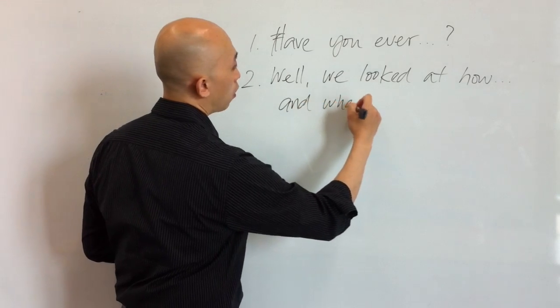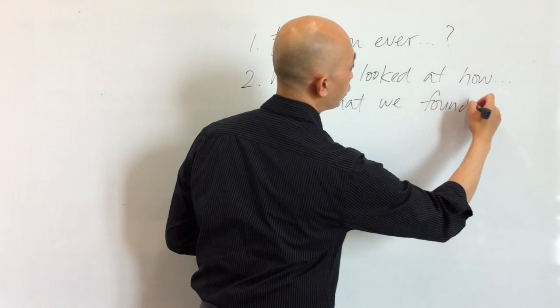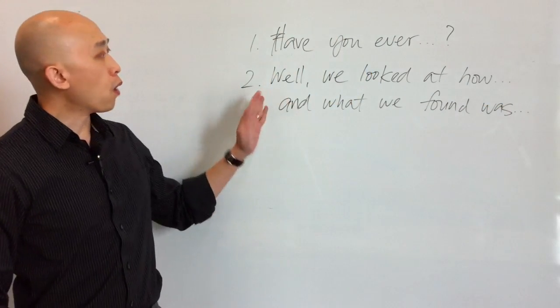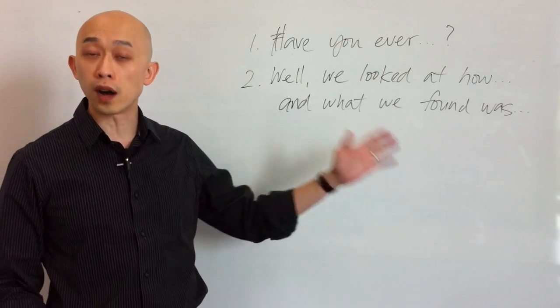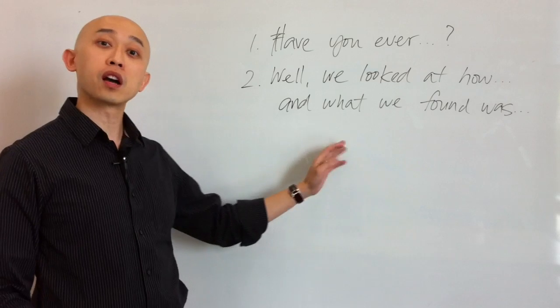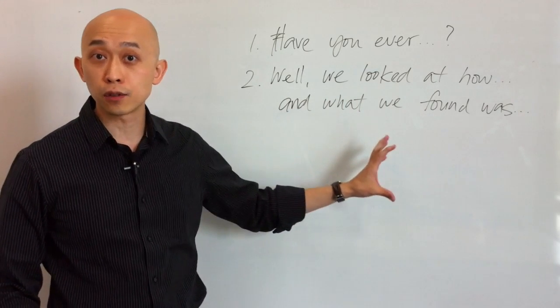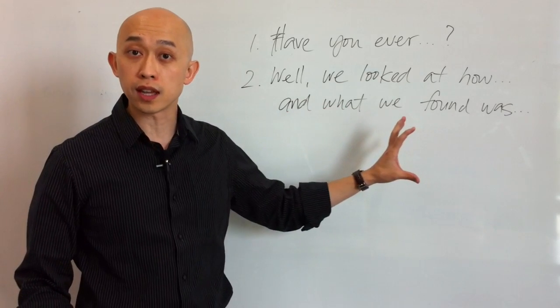Or you can use I, of course. And what we found was, and what we discovered was, and then you talk about some sort of ideas or maybe some process that you discovered or some sort of solution that you want to present.